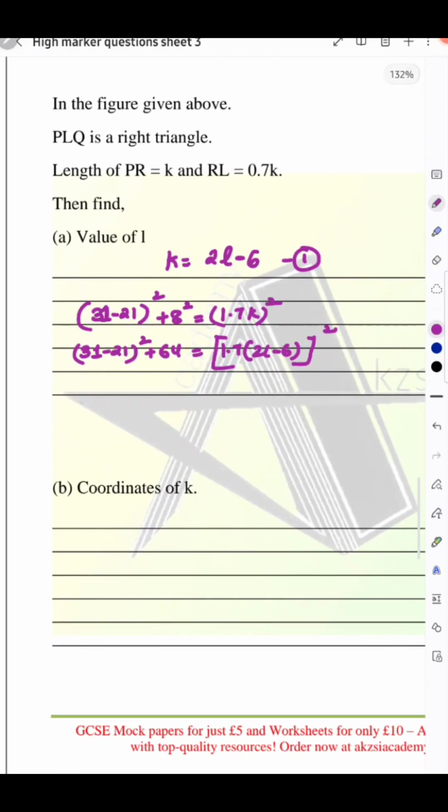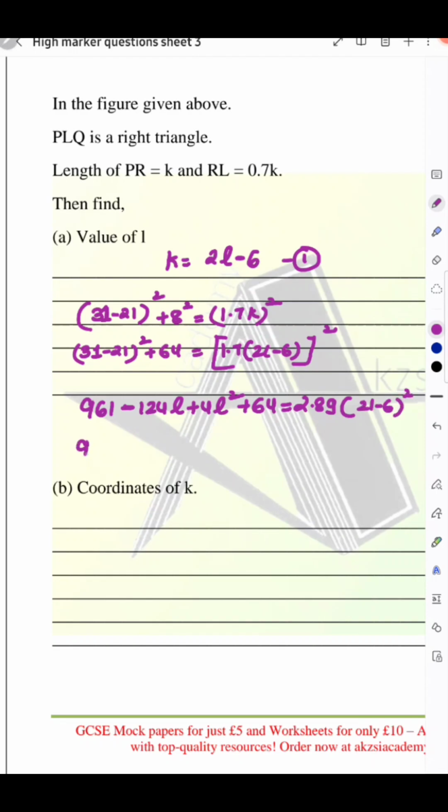Now I just need to expand this. 31 minus 2L will give me 31 square, which is 961, then minus 31 into 4, that is minus 124L plus 4L squared plus 64 is equal to the square of 1.7, which is 2.89, and the square of 2L minus 6.